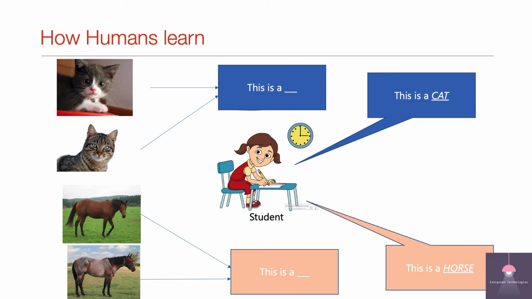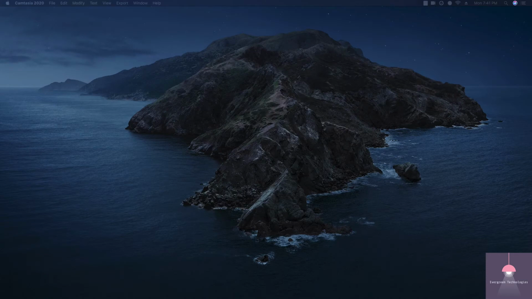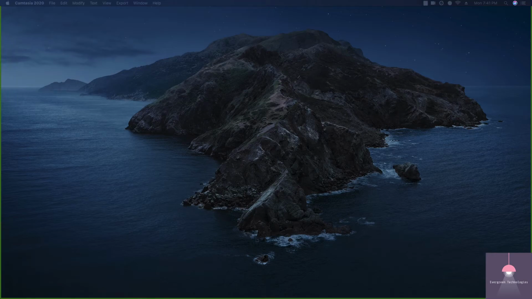Here again it's a fill in the blanks, this is dot dot dot. Now the student, because they have learned from their teachers, can answer this correctly, saying that the animal on the top is a cat, and the animal in the bottom is a horse.